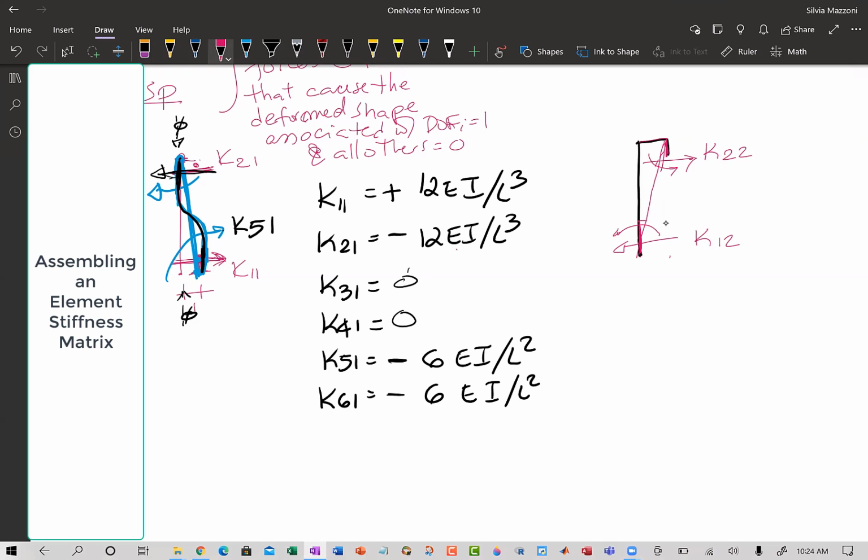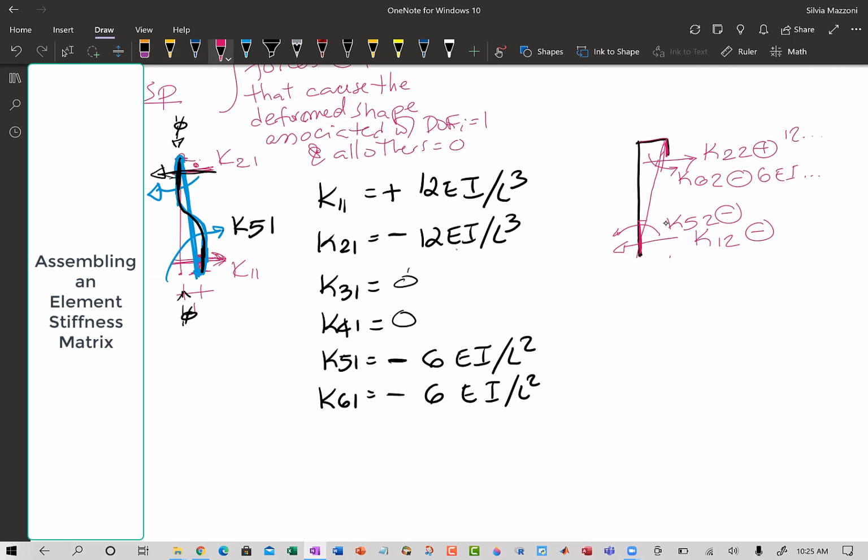And so this is going to be K62 and K52. So this is positive, negative, this is negative, negative. These are going to be the 12 EI over L cubed, and these are the 6 EI over L squared. And the K3s, 3 and 4, are 0.